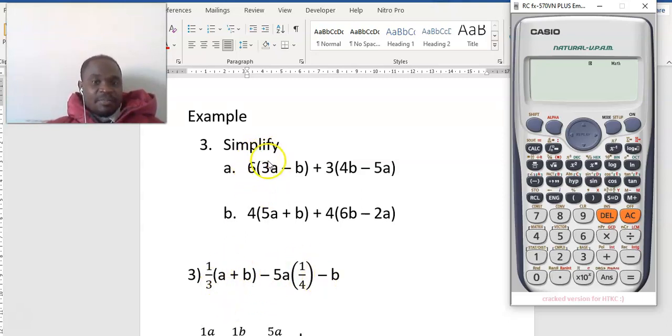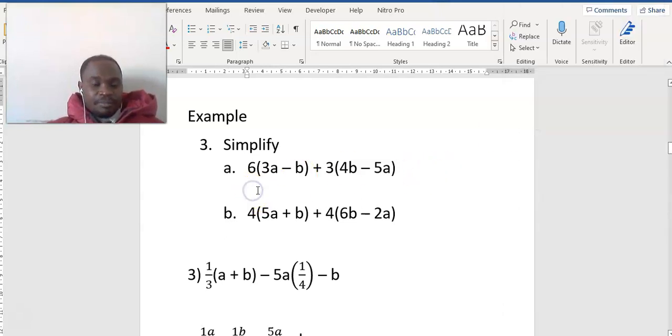So you multiply this by this. What are you going to have? 6 times 3, which is going to give you what? 18. You write your 18A. Then remember there is 1 in front here. So 6 times 1 is going to give you what? Minus 6.